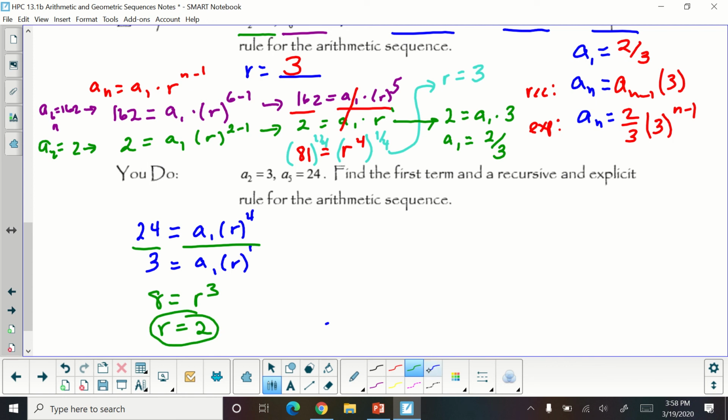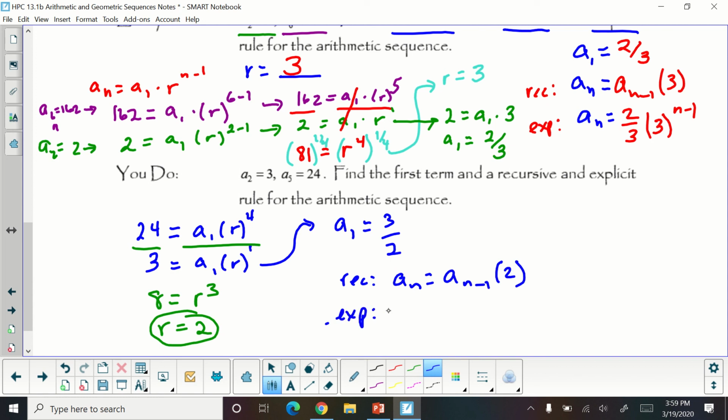If r is 2, then using this equation here, you end up with a sub 1 is equal to 3/2. So our recursive definition, a sub n equals a sub n minus 1 times our r, which is 2, and our explicit definition, a sub n equals a sub 1, which is 3/2, times r to the n minus 1. Okay, that does it.